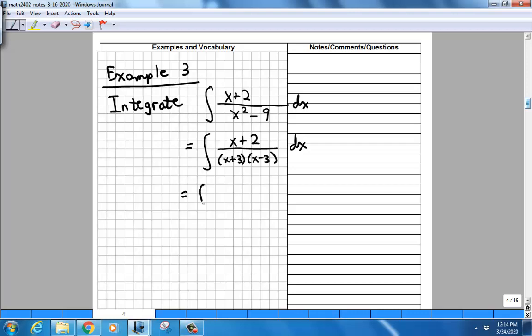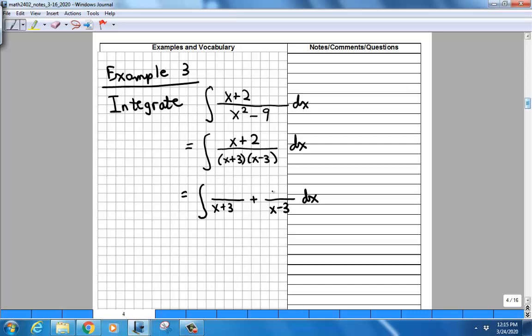And remember, our goal here now is to take this fraction, this rational expression, and write it as the sum of two simpler rational expressions. One with denominator x plus 3 and one with denominator x minus 3.